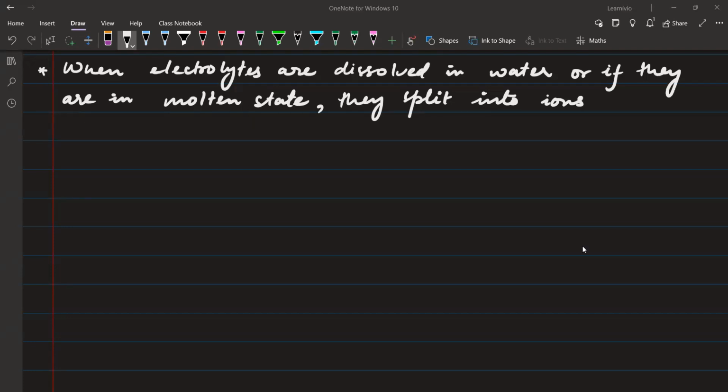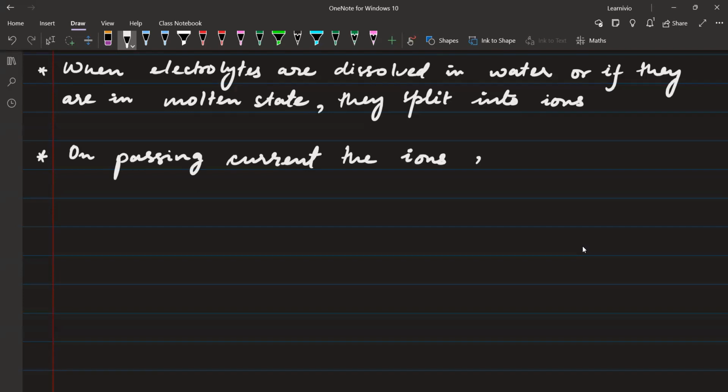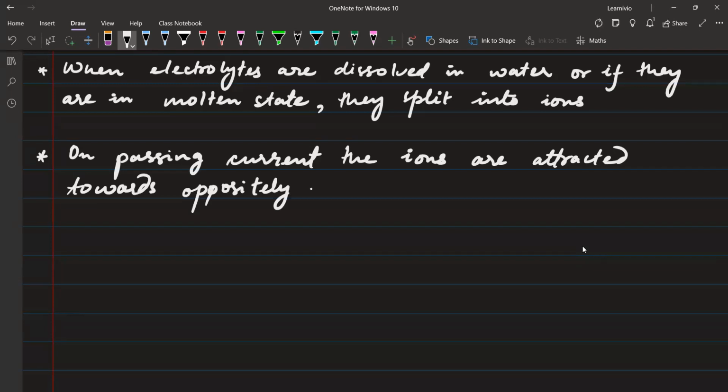Then next point. On passing current, the ions are attracted towards oppositely charged electrodes.